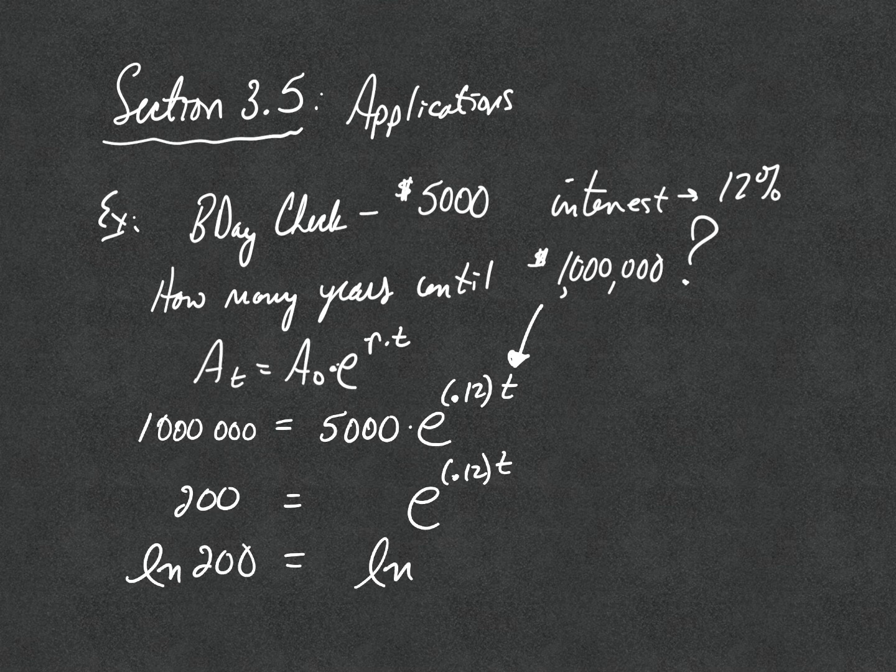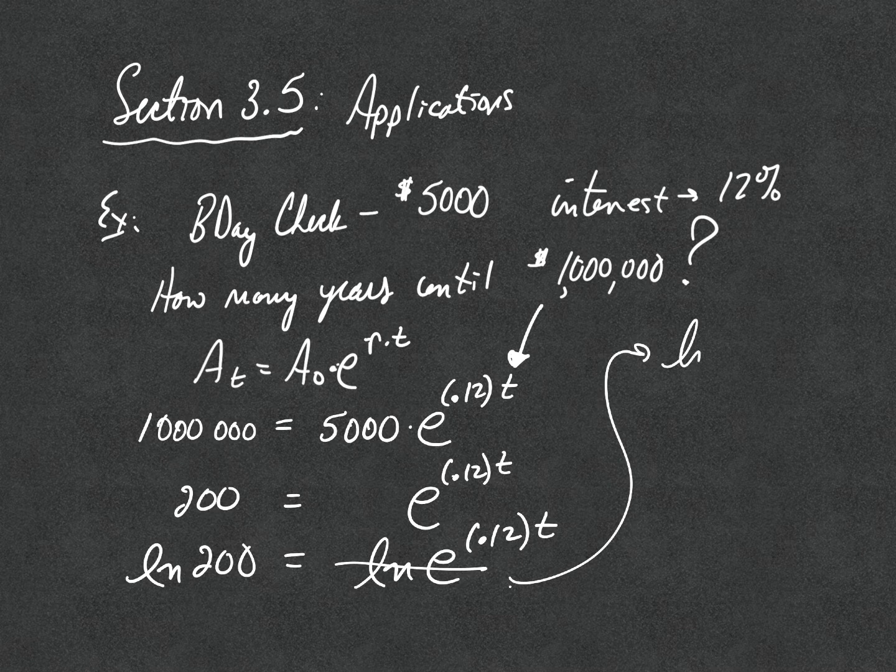So we're going to take the ln of the left-hand side, and we're going to take the ln of the right-hand side. Okay? Now, on the right-hand side, since ln and e are inverses of each other, those two folks are just going to cancel each other out. I'm just going to scooch up to the side here so you guys can see this. So what we'd have is the ln of 200 is equal to then 0.12 times t.